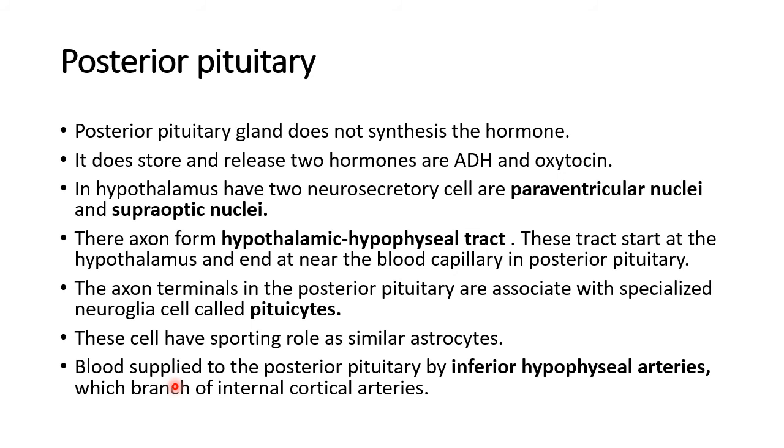Okay, so the blood supply to the posterior pituitary is by the inferior hypophyseal artery. So the blood supplied to the posterior pituitary is supplied by the inferior hypophyseal arteries, and these arteries are branches of the internal carotid artery. Okay.